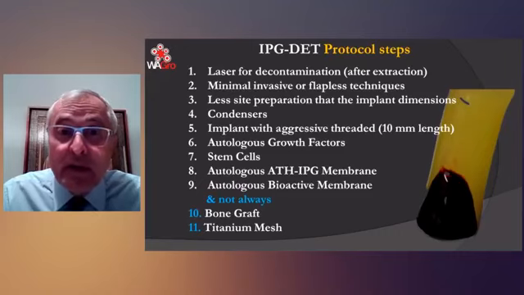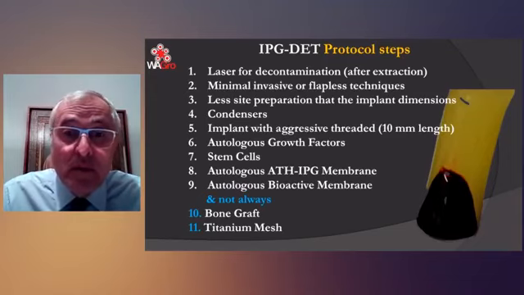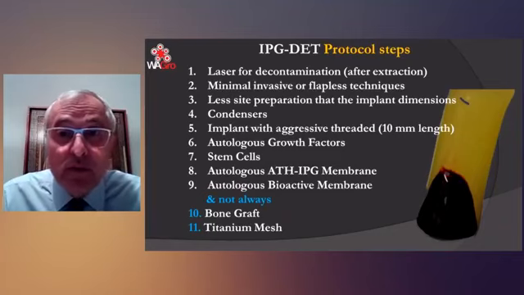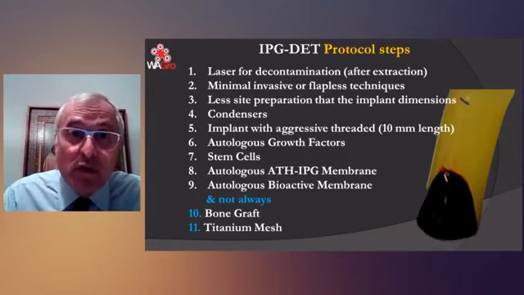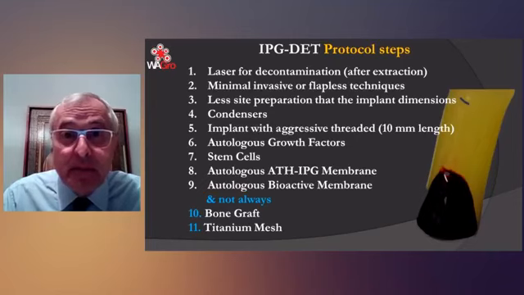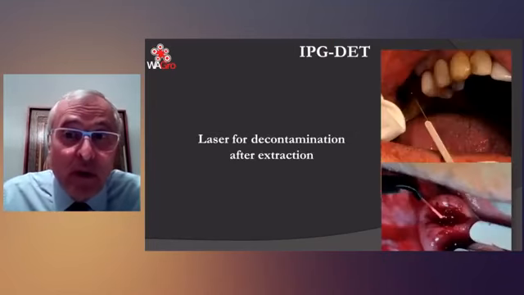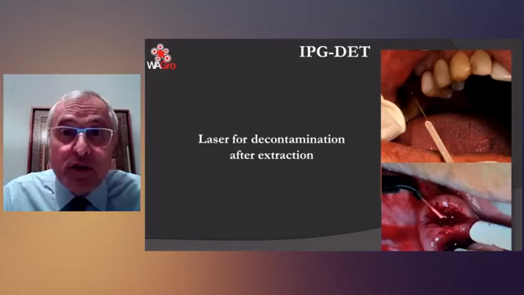We use an aggressive implant. We use autologous growth factors. We use stem cells. We use autologous membranes. And not always, we use bone graft and titanium mesh. And I'd like to go one by one to see how we can use all these things, how the protocols and the steps of this IPG DED technique are. First of all, after extraction, we always use laser for decontamination.